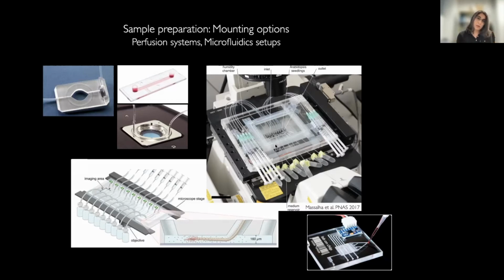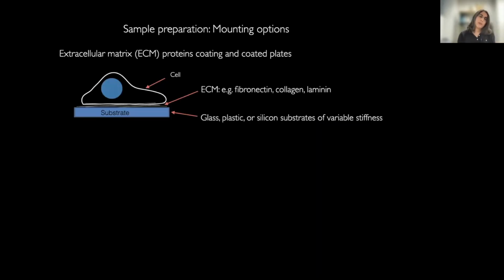This is called a microfluidics setup, where you can use teeny tiny amounts of drugs or inhibitors or any media to study cellular behavior. But you can also create with microfluidics a concentration gradient to study your behavior as well.